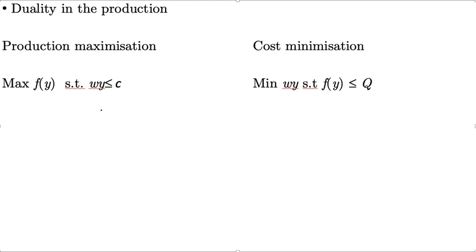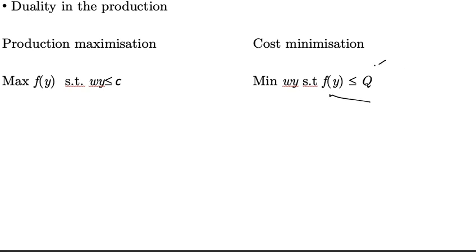But if we look at the duality problem, then it becomes cost minimization. Cost minimization is minimizing total expenditure on inputs subject to the given output, which is this. So the output is constant, but this time we adjust the expenditure. But in the other problem, the cost is constant, and we adjust the output.